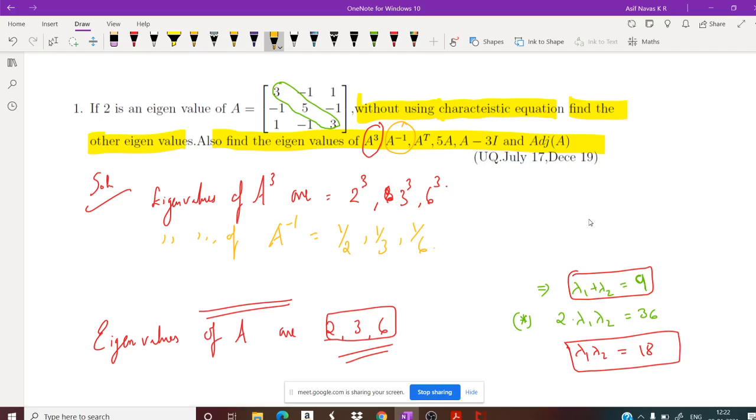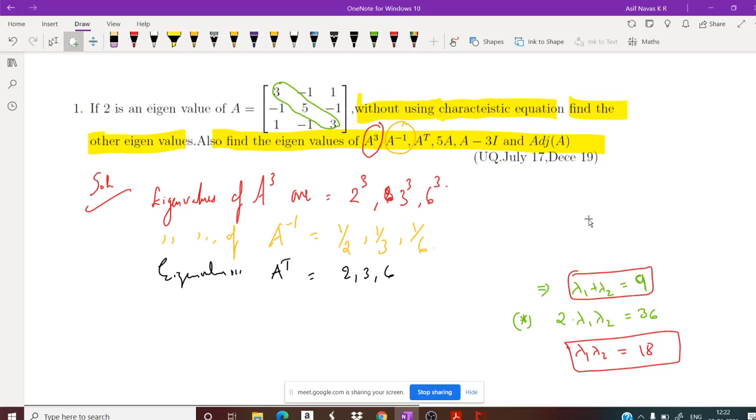Next, what are the eigenvalues of A transpose? A and A transpose have the same eigenvalues, so that is 2, 3, 6. Next question, find the eigenvalues of 5A.